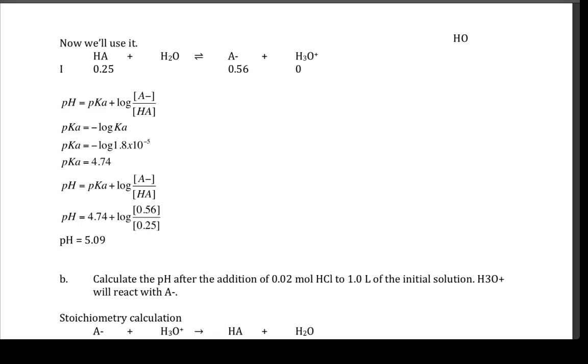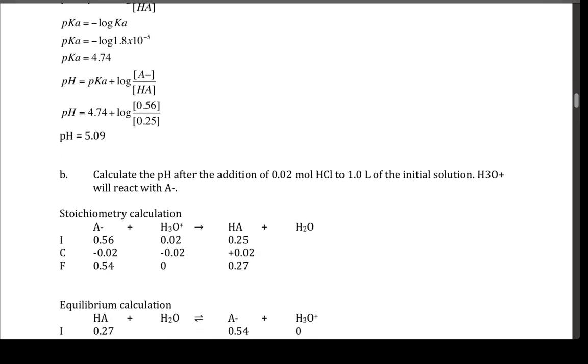We get the pH is 5.09, just as we had before, but this way is quicker because it's a buffer, so we have amounts of A minus and HA, and we're simply after the pH, so it allows us to focus on that.